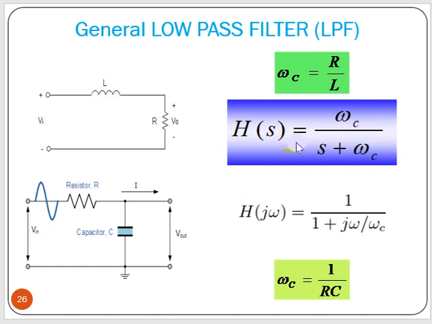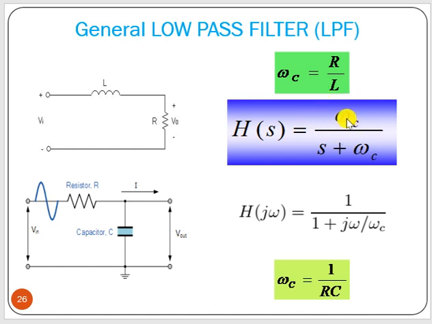So the location of the pole is here, S equal to minus omega c. That means we have a zero at infinity. For a low pass filter, the zero is at infinity, so the transfer function output becomes 0 at S equal to infinity.